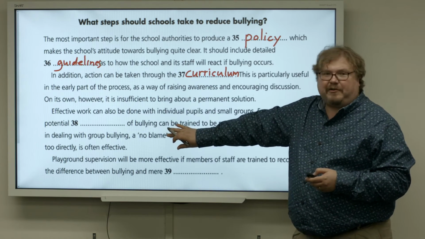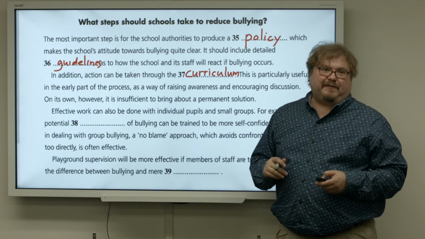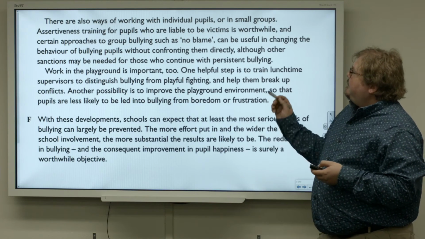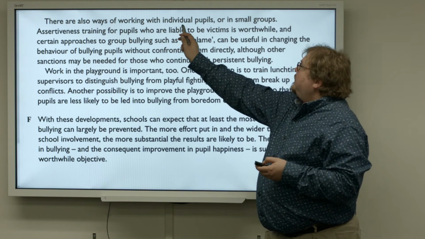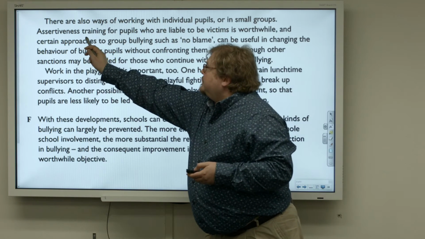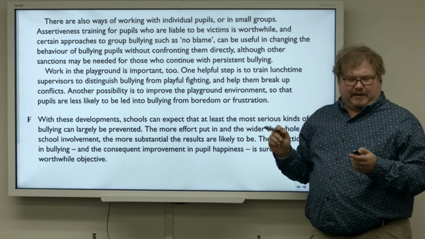We go to another paragraph. Chances are it's in the next paragraph in the text. So if we jump down, there are also ways of working with individual pupils or in small groups. Assertiveness training for pupils who are liable to be victims is worthwhile.